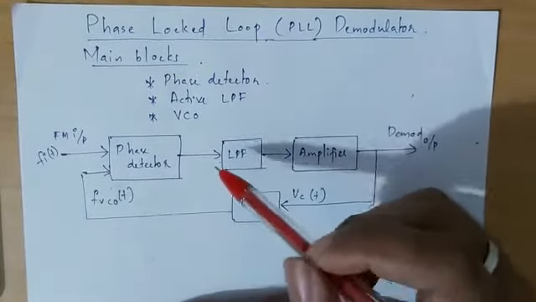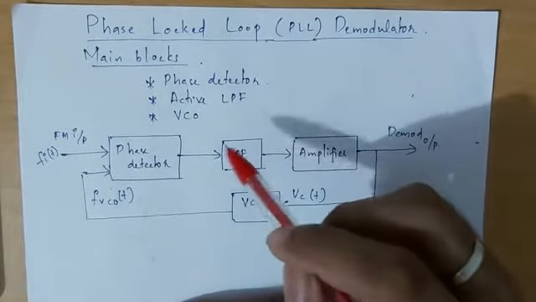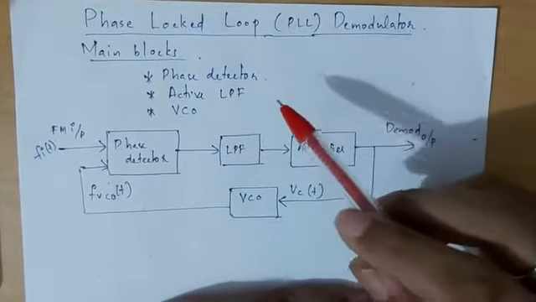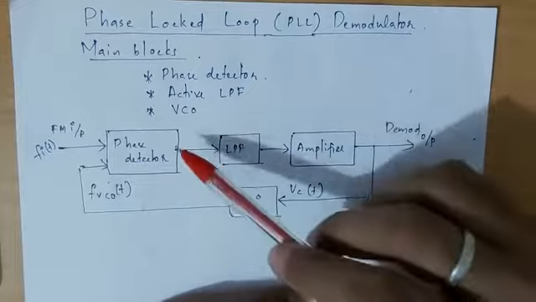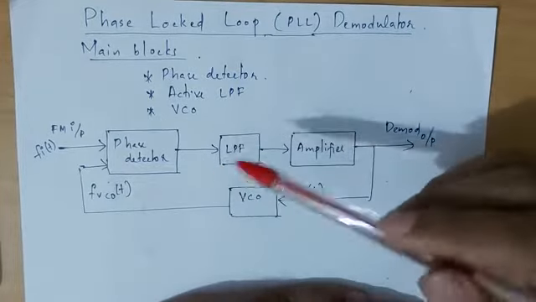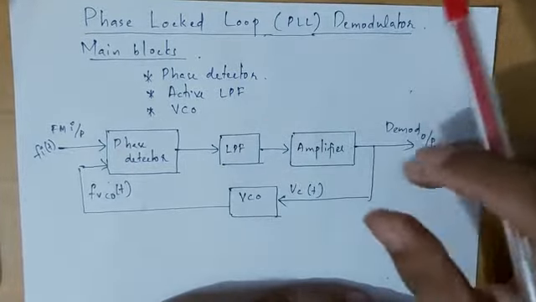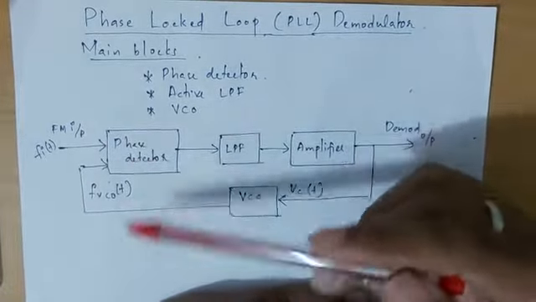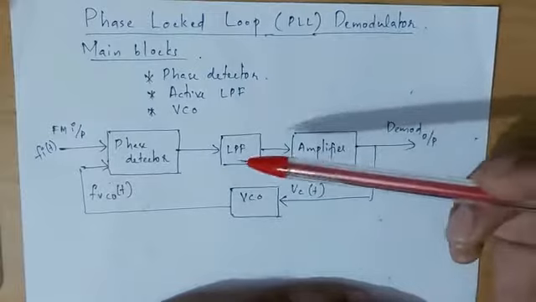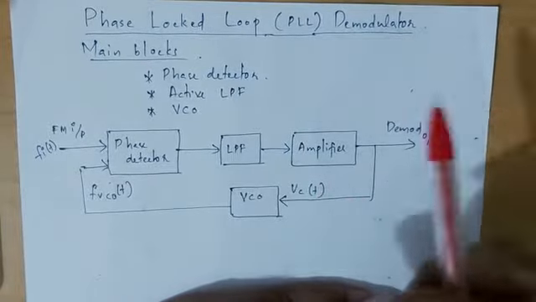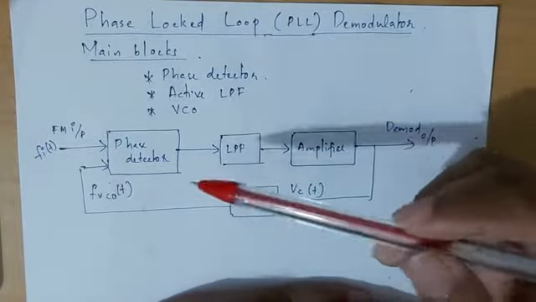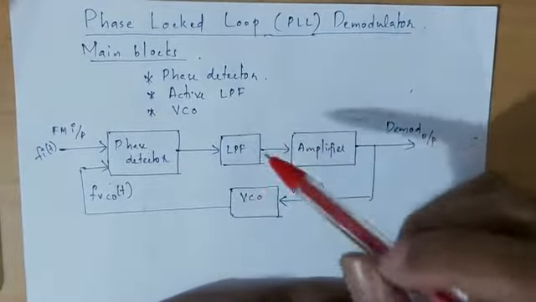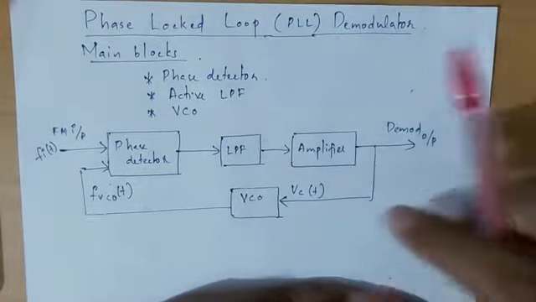It produces two types of signals: the sum of the frequencies, and another output, the difference of these frequencies. So we will get a summation and a difference.